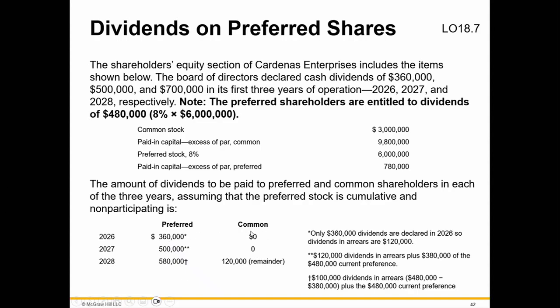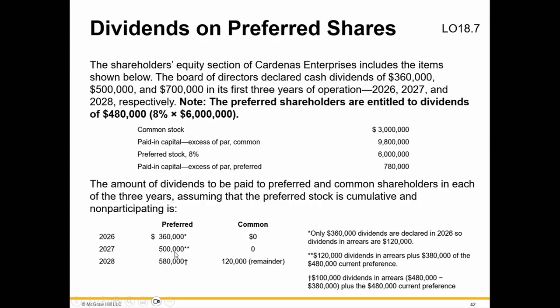There's nothing left over to give to common, and in fact, we owed them $480, we paid them $360, so now we owe them $120 from 2026, plus we're going to have to give them in 2027 their current $480 for the year, right? So we've got nothing to the common in 2026.